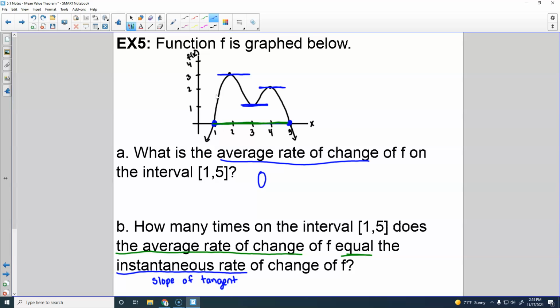It's essentially a special case of the mean value theorem. They do not test Rolle's theorem. So this is still mean value theorem here. If you see Rolle's theorem somewhere on the homework, especially on the key, just know that we're going to use the mean value theorem instead.